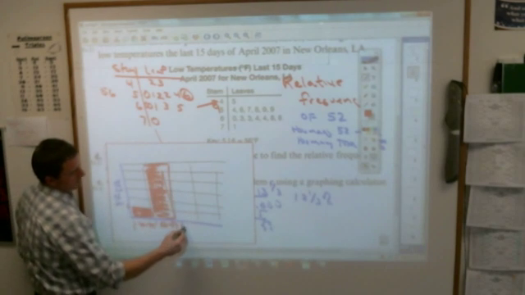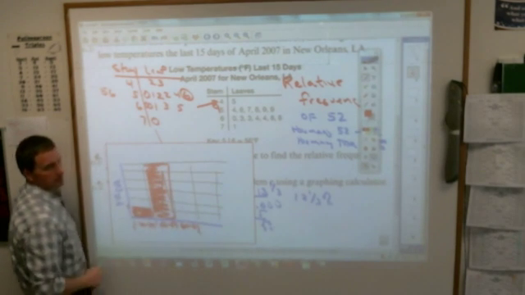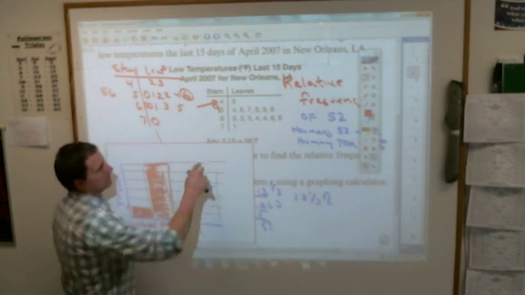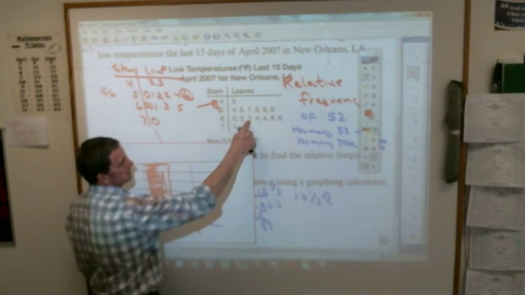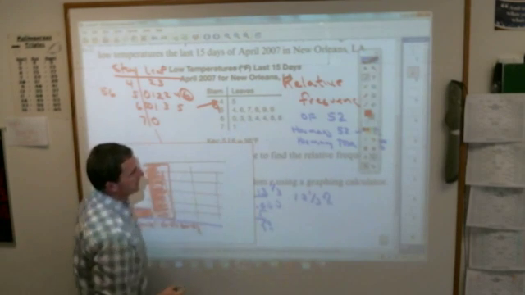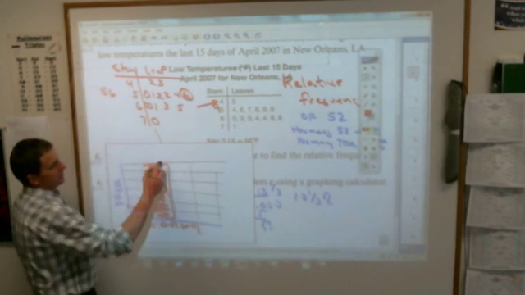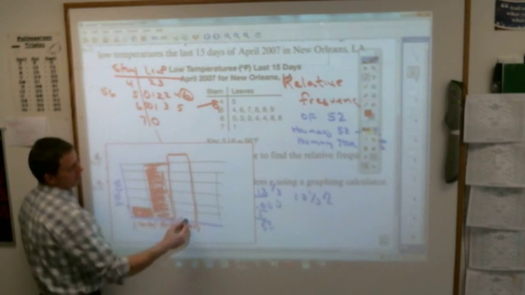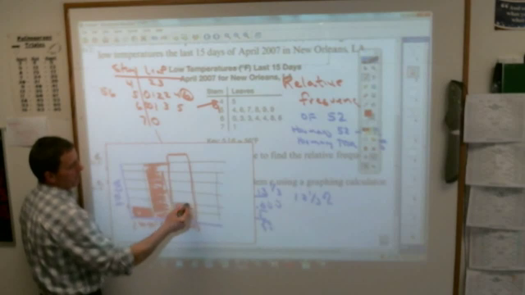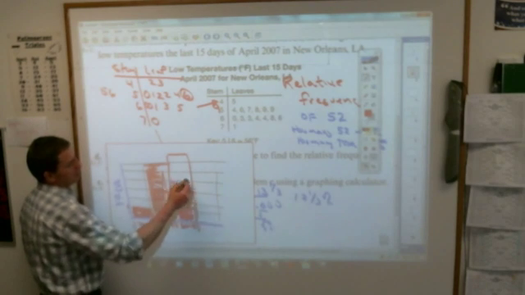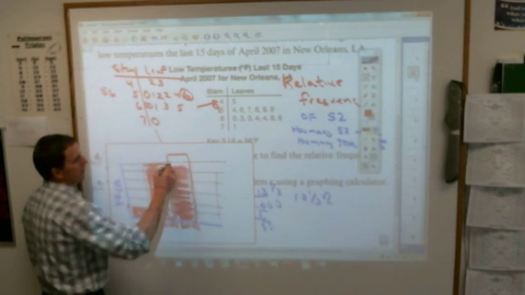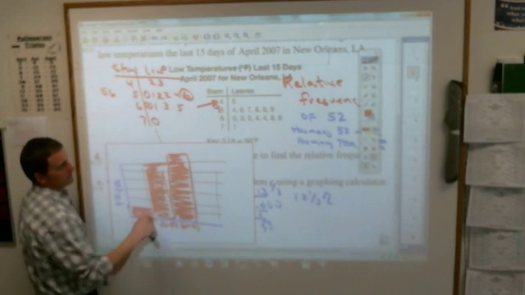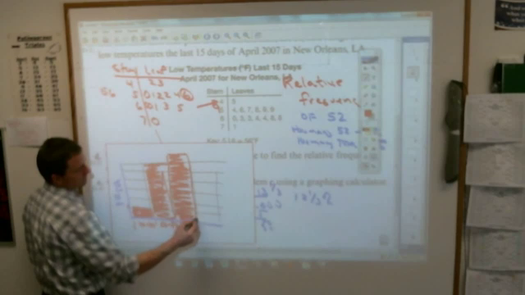Then you'd go from 60 to 69, which is how many? 60, 63, 63, 64, 64, 68, 68, so 7, it looks like. And the last one, how many are in the 70s? Just 1.